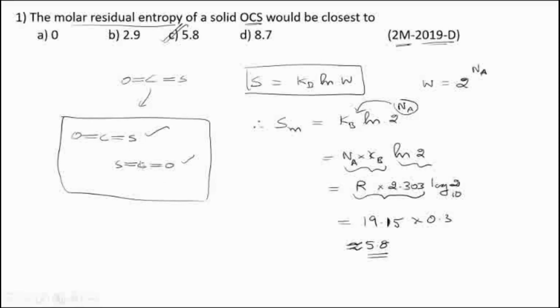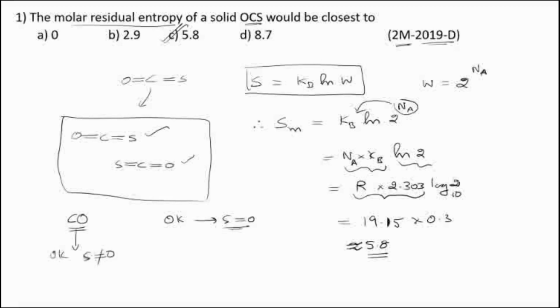You might have studied this in the third law of thermodynamics, in carbon monoxide. You know very well that at 0 Kelvin, the entropy of a substance should become 0, correct? According to the third law. But for some substances, even if you go to 0 Kelvin, entropy never becomes 0.